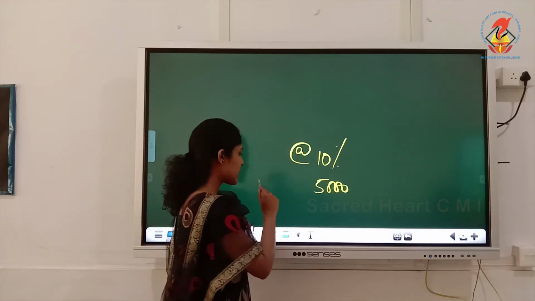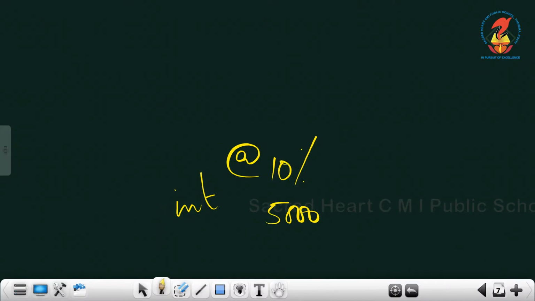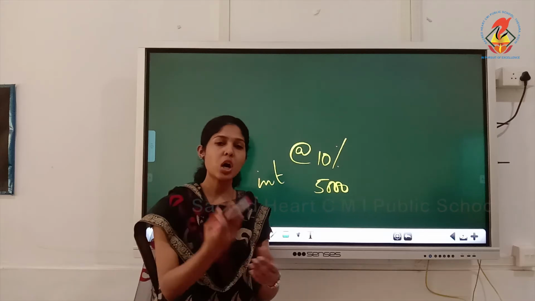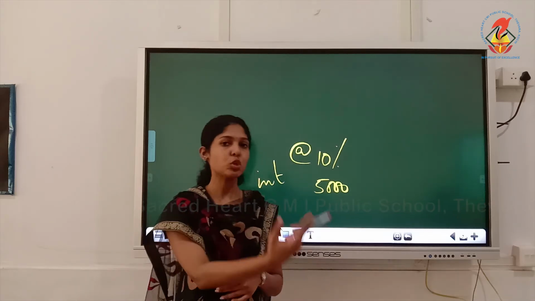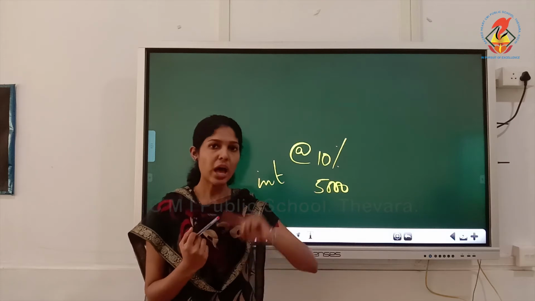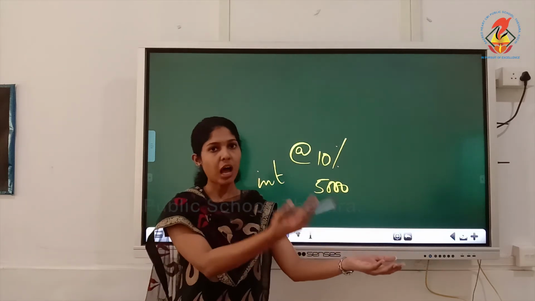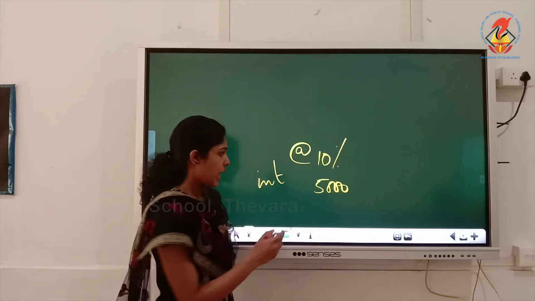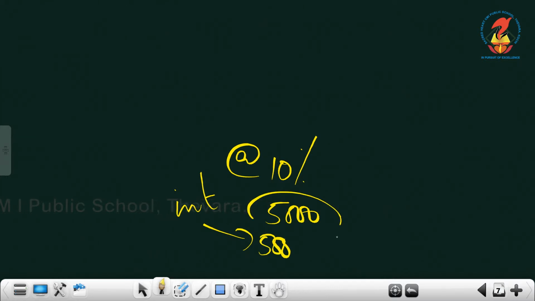So here there is interest as hidden adjustment, but here it is not something which we have to pay, this is something which we have to get, because you have given a loan to Param and we are supposed to get interest on that, and you are supposed to get interest of 5,000 into 10%.